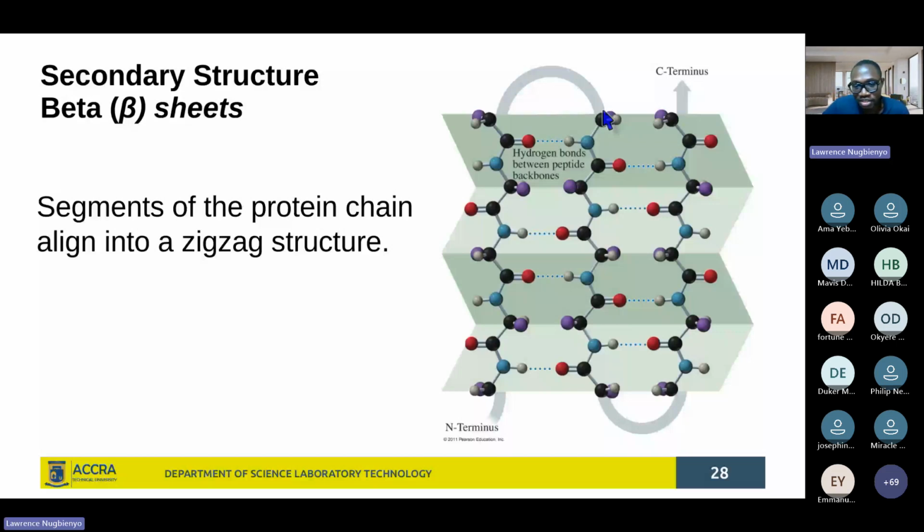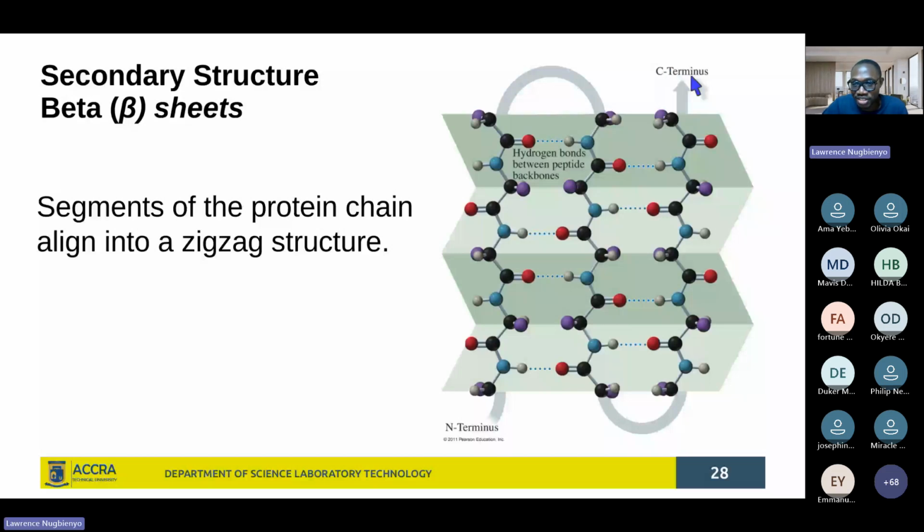So you see this is the N-terminus, and the protein chain goes all the way. Then it folds and comes down, anti-parallel, and then is going up again, parallel, and you see the C-terminus.